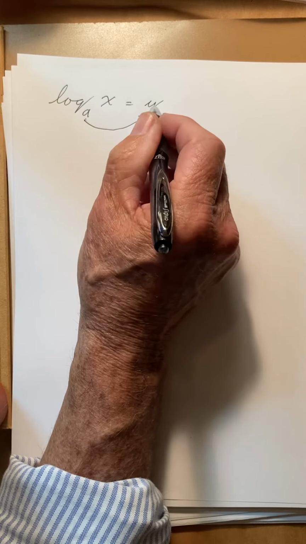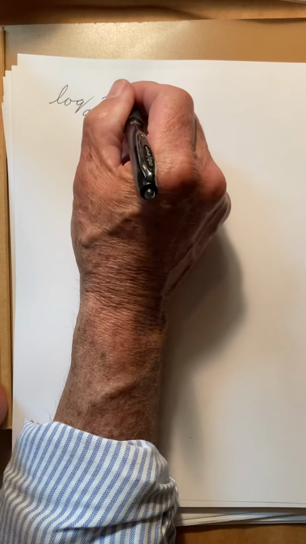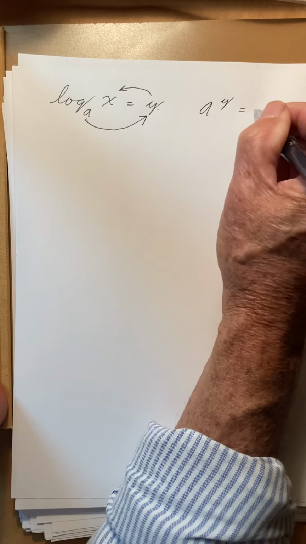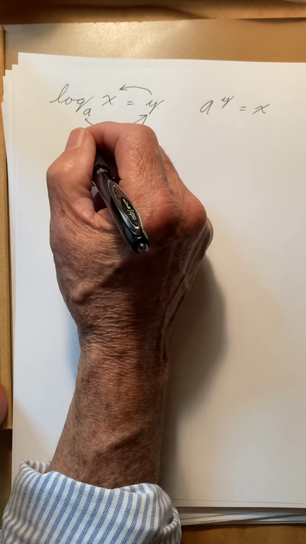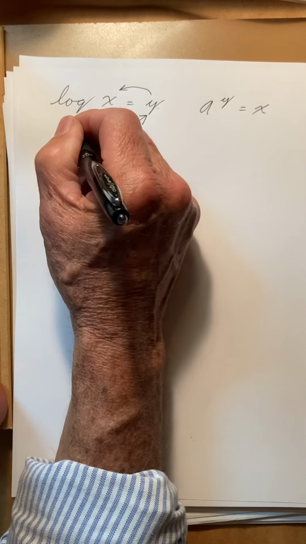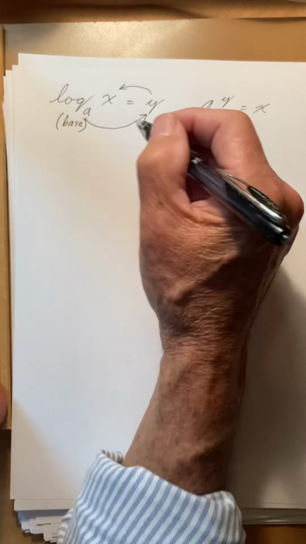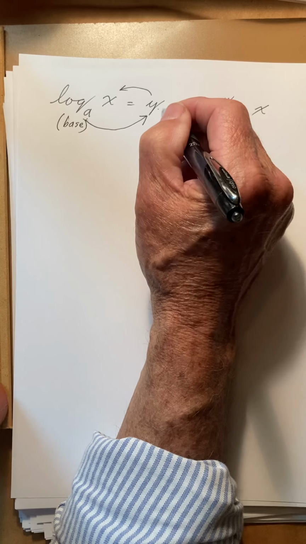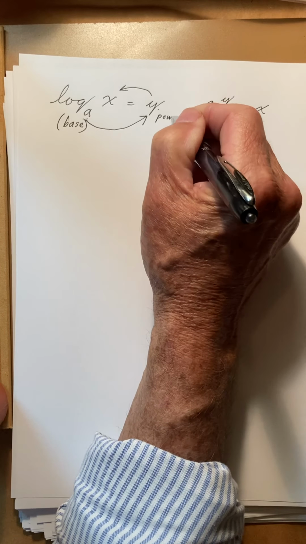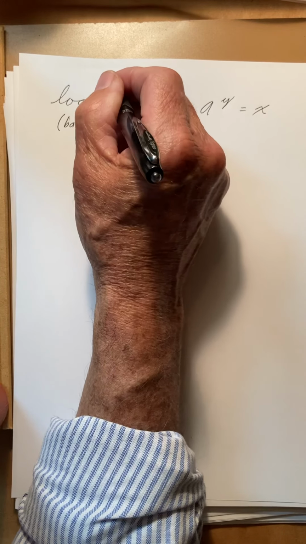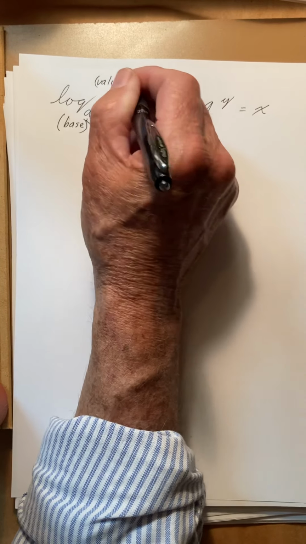A to the y power is equal to x, where A is the base, y is the power to which that base is raised, and x is the value that you get when you raise it to that power.